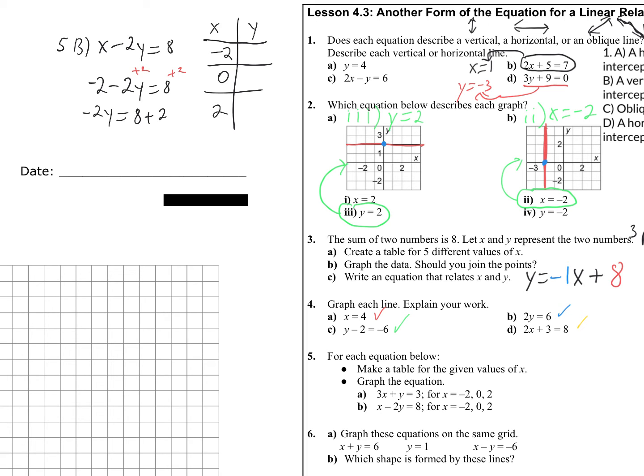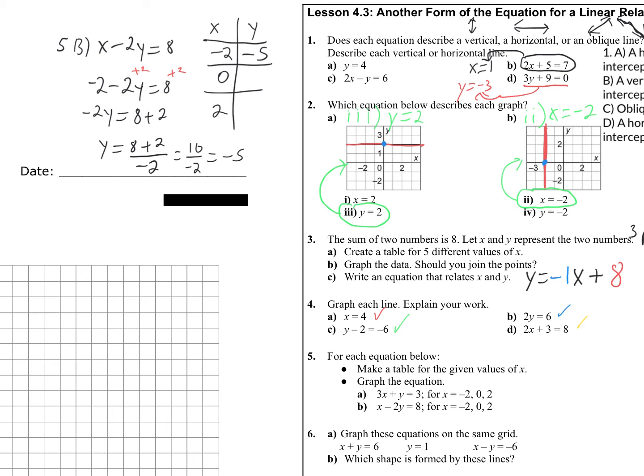To get rid of this negative 2y, I need to divide by negative 2. So that would leave me with 8 plus 2 divided by negative 2, which gives me 10 over negative 2, which equals a negative 5. So this here is negative 5.